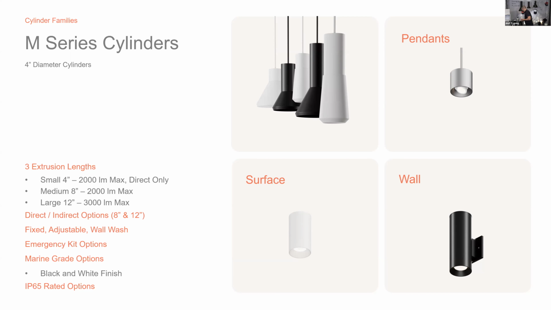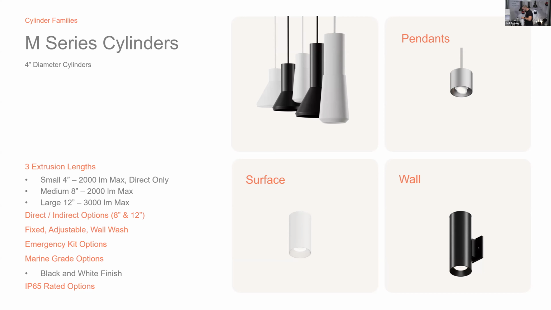One thing we do like to point out is that for doing a wet rated wall mount or an IP65 rated wall mount, we have 2 different brackets here. So this is the wide wet rated bracket that you get with any of those wet rated cylinders. So it's just a slightly different look. The bracket is just about the size of the cylinder extrusion. But we do also have a more slim bracket.